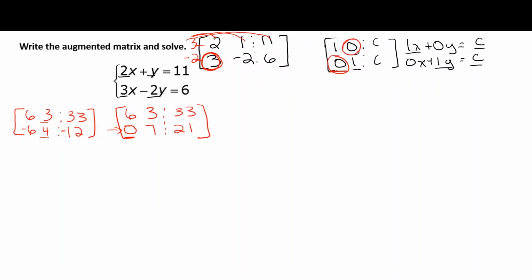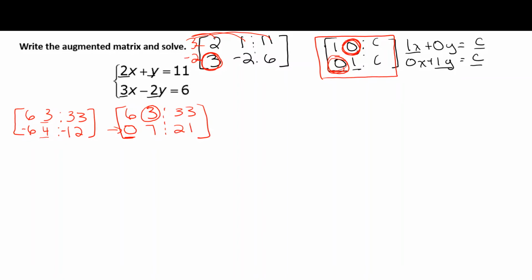Now I want to try and solve for another 0, because remember, this is my goal right here. So I've got one 0 where it needs to be. Now I need my other corner to get its 0. So I'm going to look at that. I want this 3 to turn to a 0. Just like before when we were thinking about elimination, how could I get this to turn to 0?